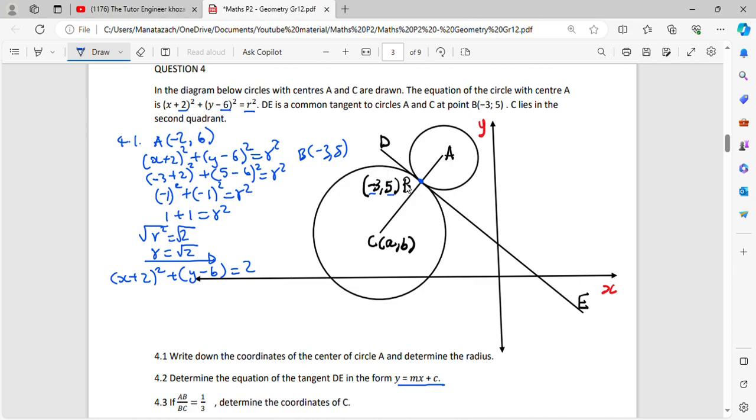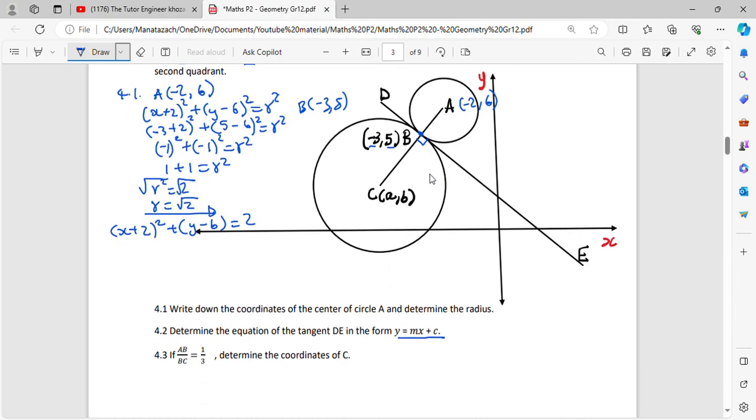Since we know that point A has coordinates -2 and 6, the rule is the tangent is perpendicular to the radius of the circle where it makes contact. So if you can find the gradient for AB, we'll be able to find the gradient for DE since the two lines are perpendicular.